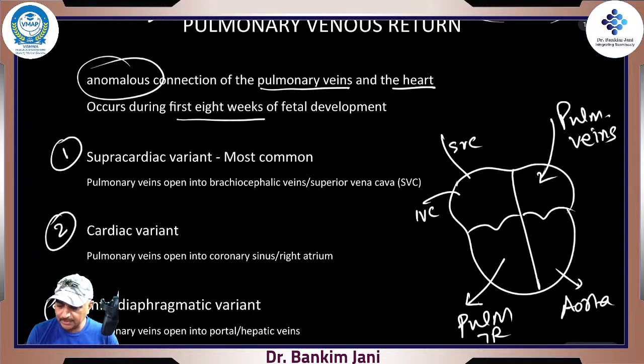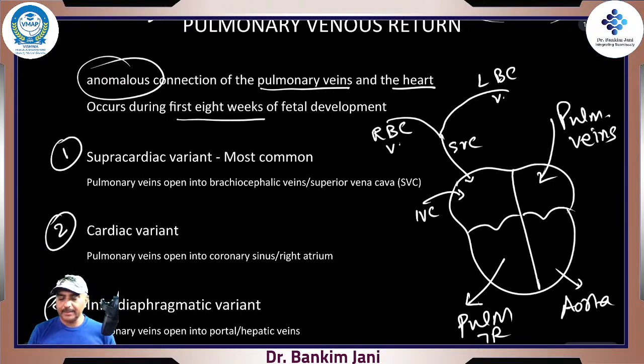This is what is happening. This is normal. In supracardiac, pulmonary veins open into the brachiocephalic vein, right? Now, this superior vena cava is formed by what? The combination of the right brachiocephalic vein and left brachiocephalic vein, correct? They both combine to form the superior vena cava.